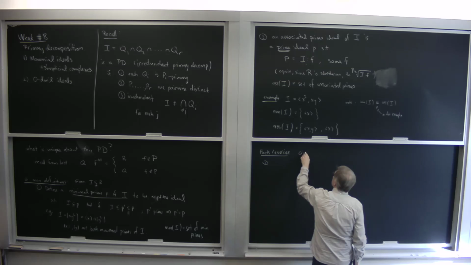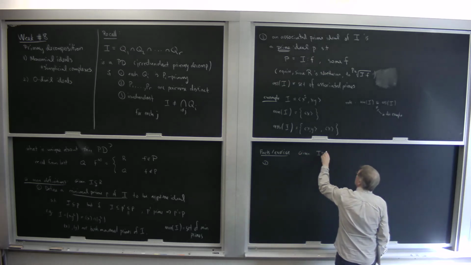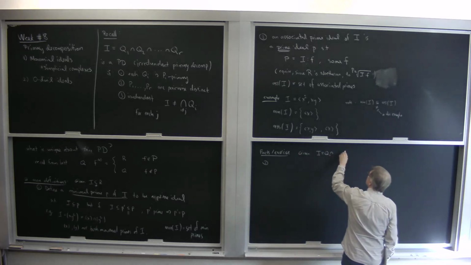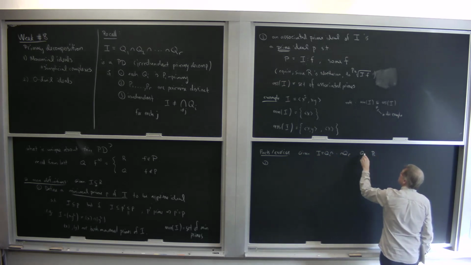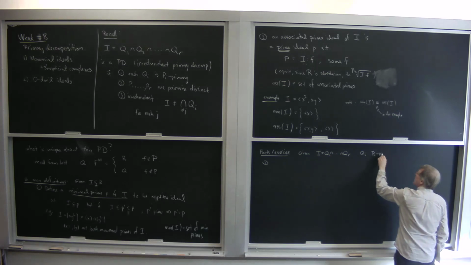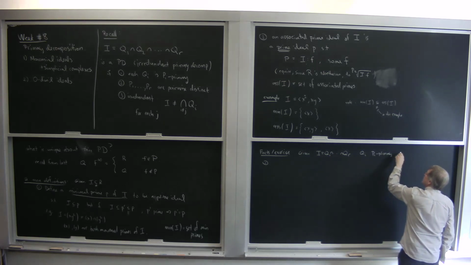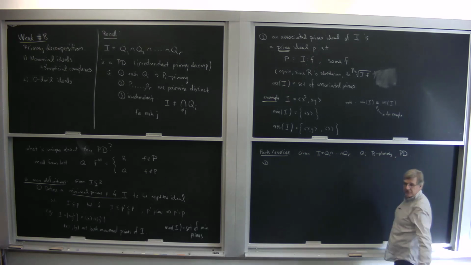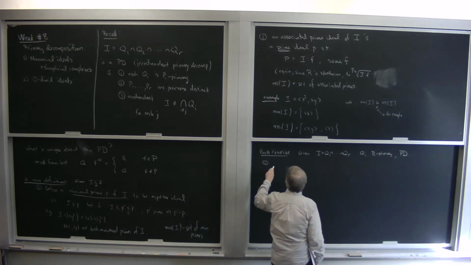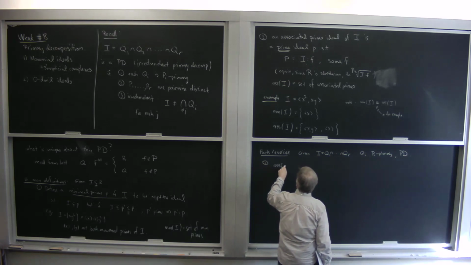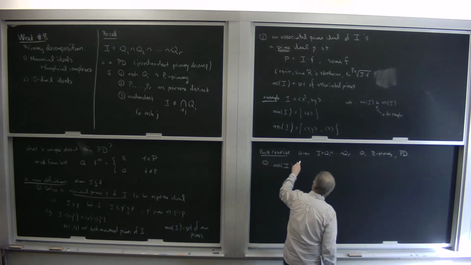Okay, so we're given I is equal to Q1 intersect ... intersect QR, where QI is PI primary, and this is an irredundant primary decomposition. The associated primes of I is actually equal to the set of the P's that occur.